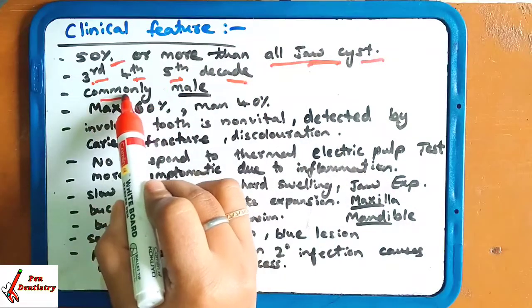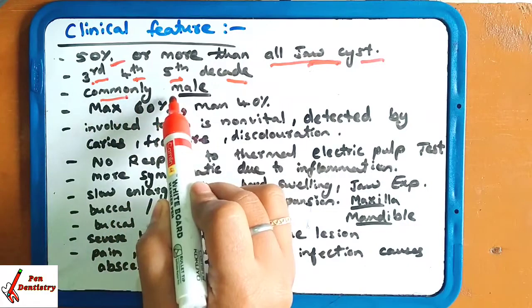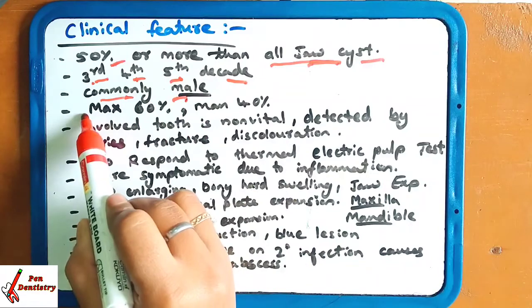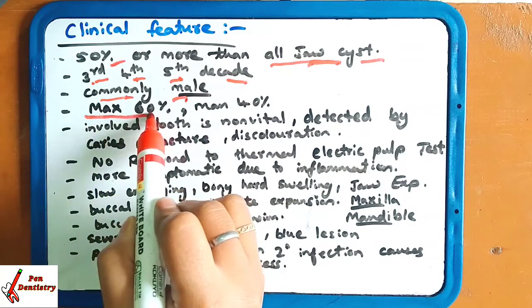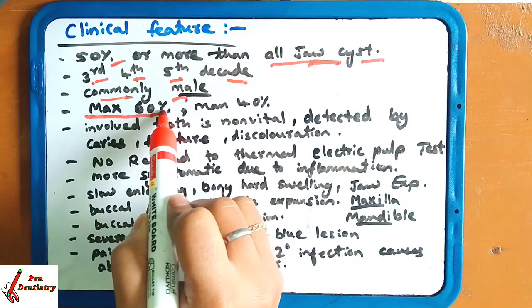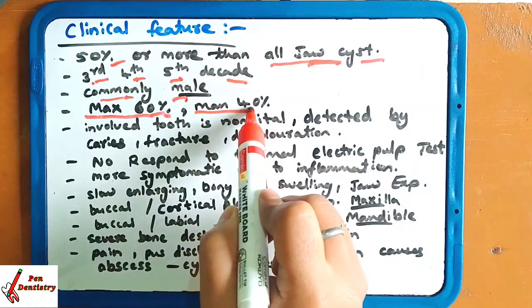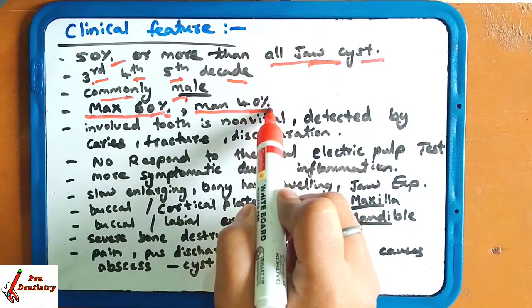It commonly affects males. In the maxilla, the percentage of occurrence is 60, and in the mandible, the percentage of occurrence of radicular cyst is 40.